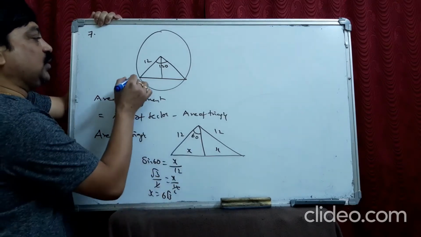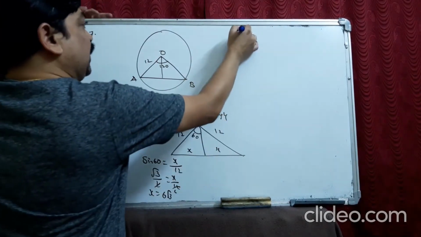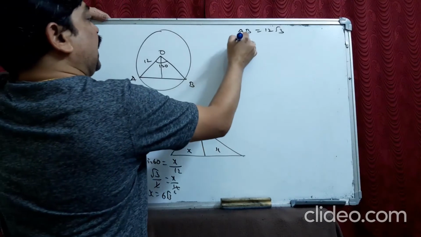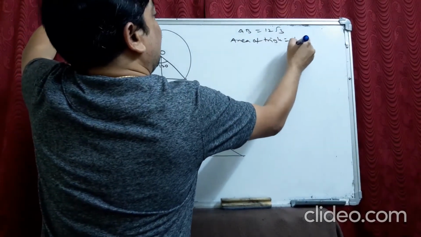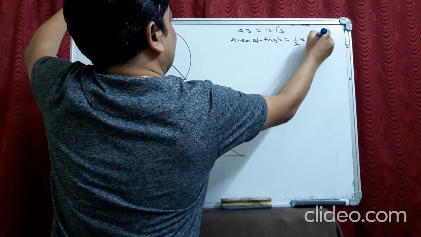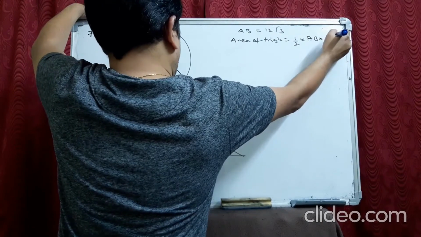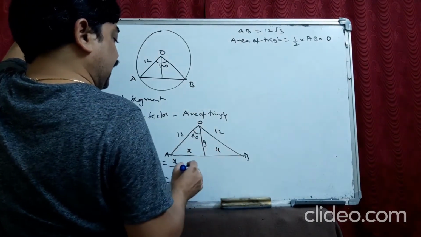When x is 6 root 3, we take AB, so total AB length will be 12 root 3. Now area of a triangle equals half into base into height. Height is OP, so let us find the height also.